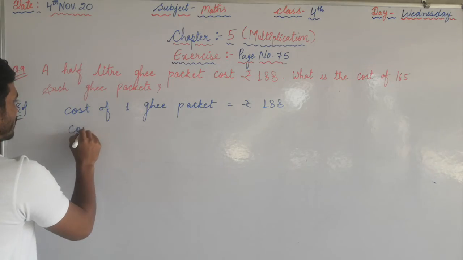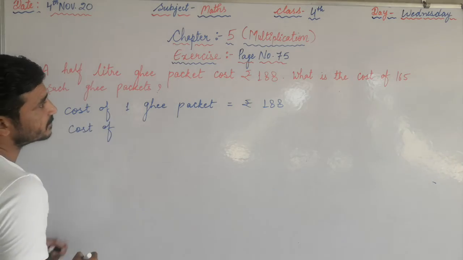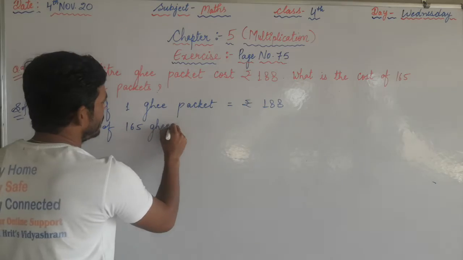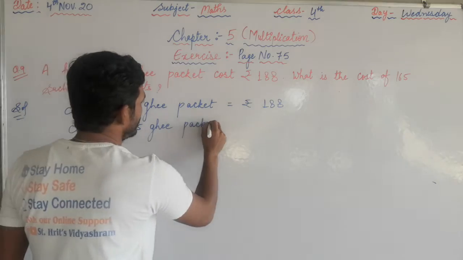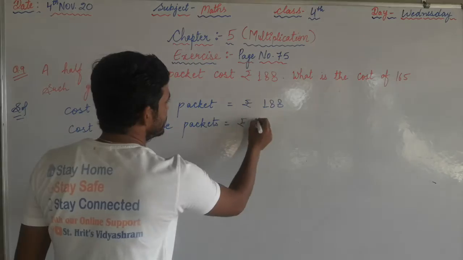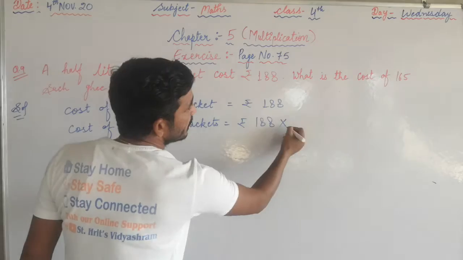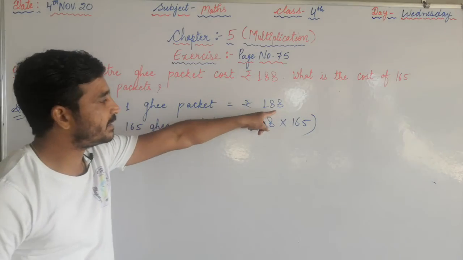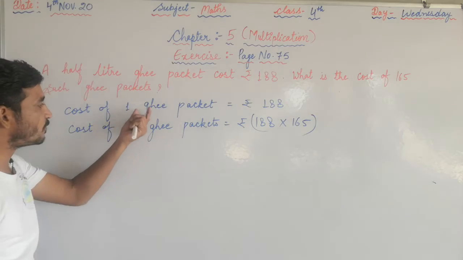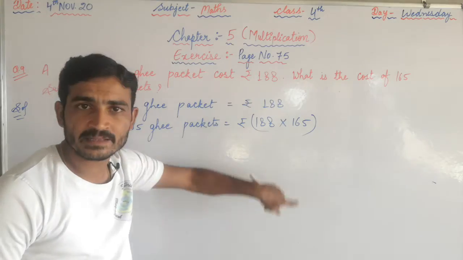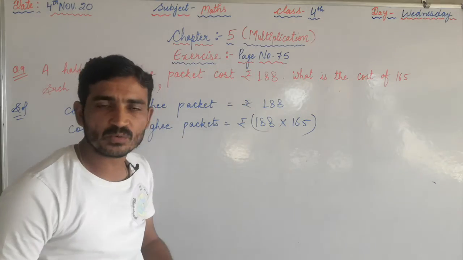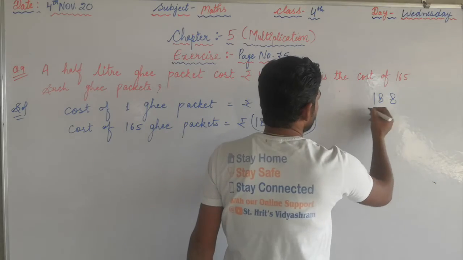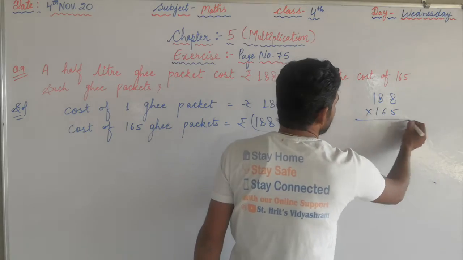Now the cost of 165 ghee packets equals rupees 188 multiplied by 165. The cost of one packet is rupees 188, that means the cost of 165 such ghee packets is more than that. Okay, so for more, what you have to do? You have to multiply, rupees 188 multiplied by 165.